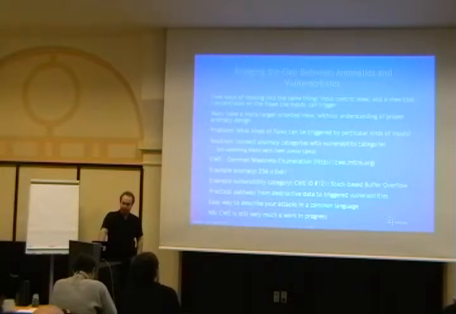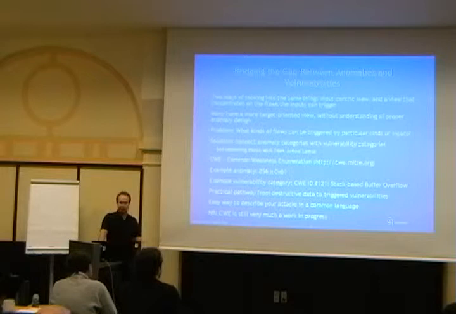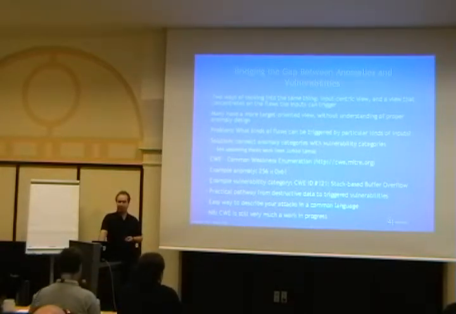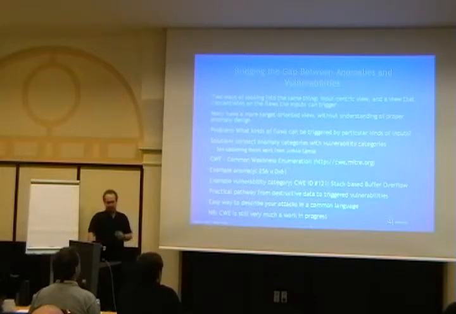So the basic problem is, when you are designing anomalies and these kinds of fuzzing tests, what are the flaws that typically can be reached by particular kinds of inputs? You might create some very advanced and fancy attacks, but you might not always know what kind of programming error is being triggered by these attacks. There's really an easy solution to this.